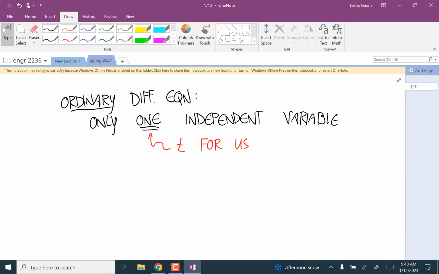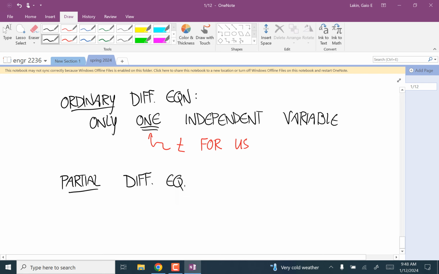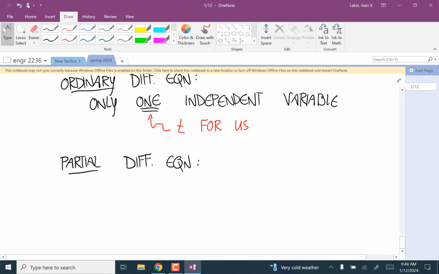The alternative to ordinary differential equations is partial differential equations. And that means that you have more than one independent variable, and because of that, the derivatives are partial derivatives.